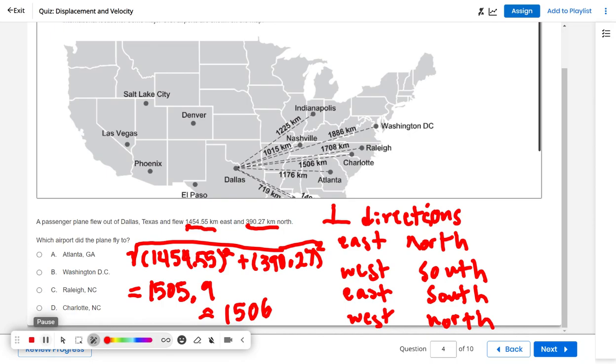After I do my rounding, I get 1,506 kilometers. And if you notice, going to Charlotte matches with 1,506 kilometers. So we just mark it and move on.